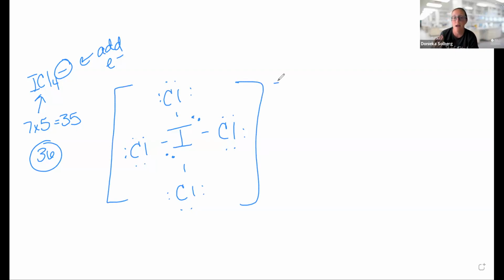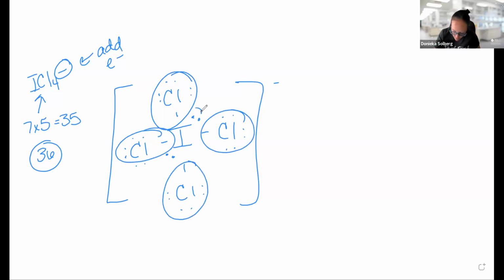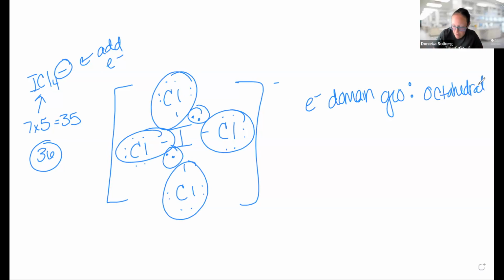Now I'd ask, okay, how many total domains does this have? 1, 2, 3, 4, 5, 6. So 6 total domains means my electron domain geometry is octahedral. Now I have 6 total, but 2 of them are actually dots, which means the 2 at the top and bottom are going to go away from the octahedral.